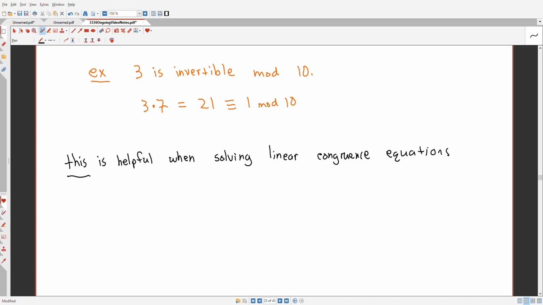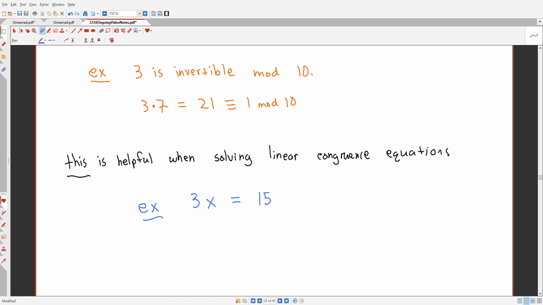So why is this helpful? Well, let's just consider the following examples. Maybe the first one will be in this kind of blue shade. This one won't be a congruence equation. This is just going to be 3 times x equals 15.